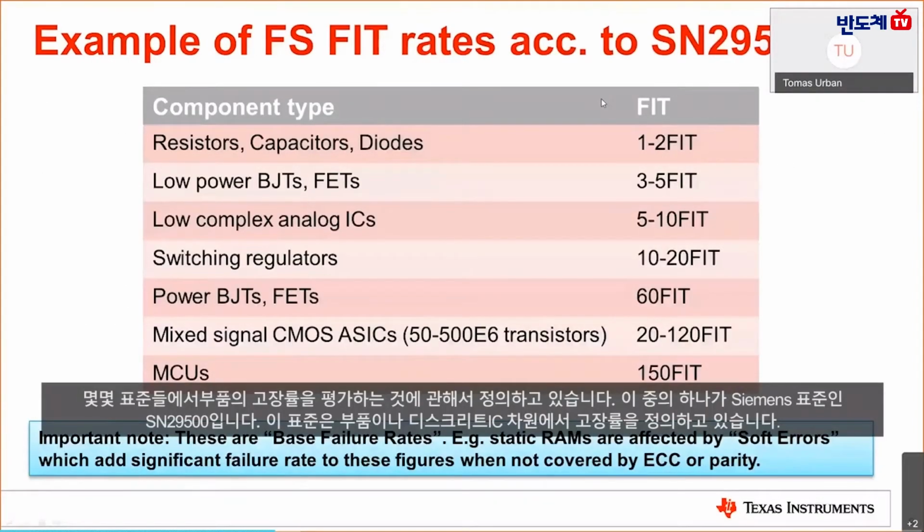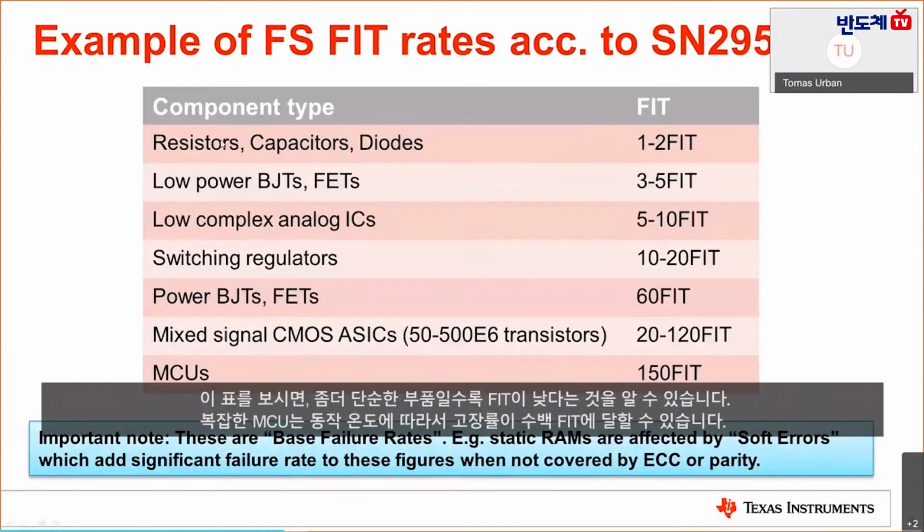There are a few standards that are accepted to evaluate the failure rate of the components, and I took one of them. This is the Siemens standard SN 29500, and it lists some basic failure rates of components, discretes, ICs, and you could see that the simpler the component, the fewer failures in time can be experienced.